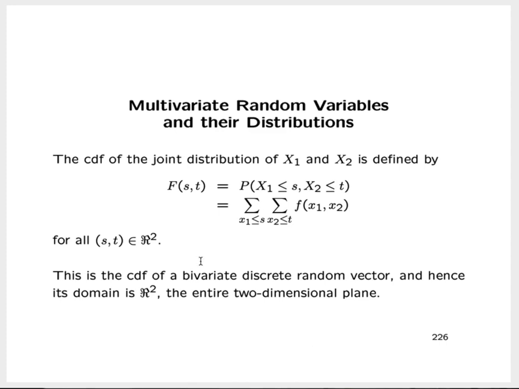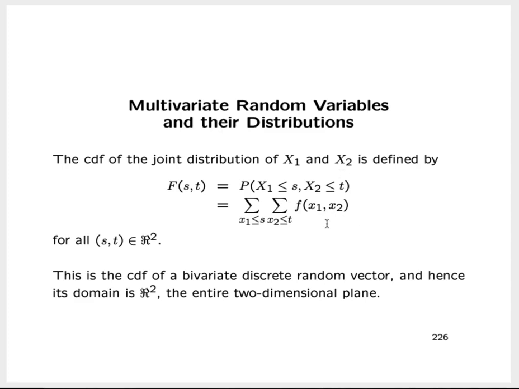All right? And so that is how this CDF is defined: the CDF evaluated at a point in the plane given by (s, t) is defined to be the probability that X1 is less than or equal to the first argument s, and X2 is less than or equal to the second argument t.